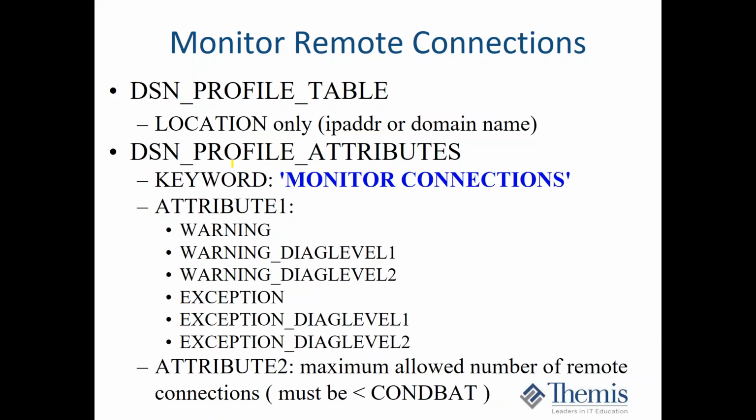They're not allowed to get another connection. Or if they hit the attribute 2, you can say exception. And if you say exception, then those threads will abort with a negative SQL code. Let's see, I'm trying to remember what the SQL code is.